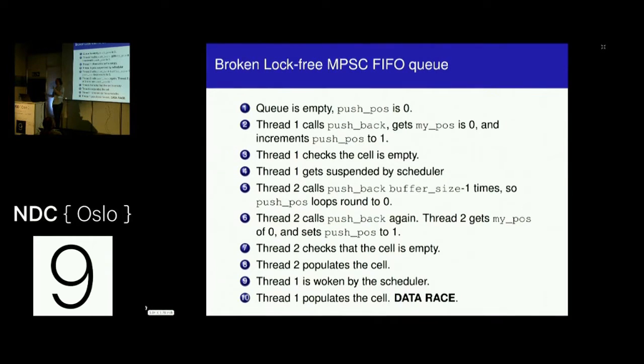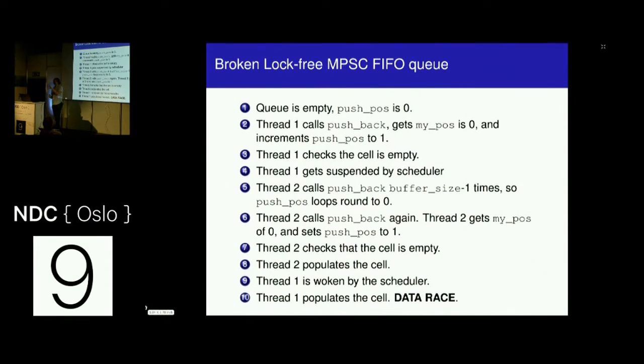And thread 2 pushes one more item. So it's actually trying to push our buffer size plus 1 items onto the queue. But the first thread hasn't actually put an item in its slot yet. So thread 2 gets the same position and checks that the cell is empty, and it is. It is empty because the first thread hasn't done anything yet. It was allocated the cell, but it got suspended before it could put anything in the cell.